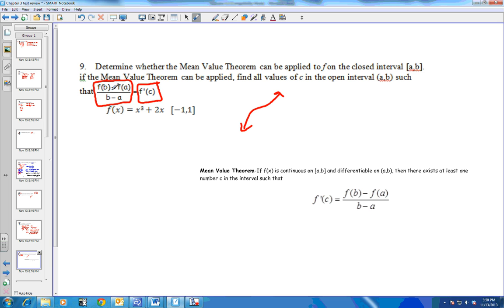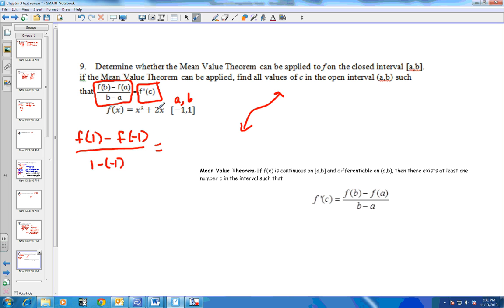Let's find f of b minus f of a. Here's my a, here's my b. So I'm going to say f of 1 minus f of negative 1 all over 1 minus negative 1. Well, let's see what that's equal to.